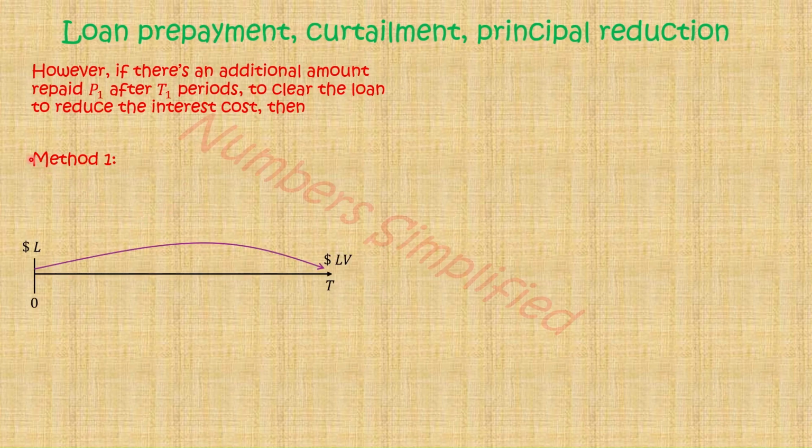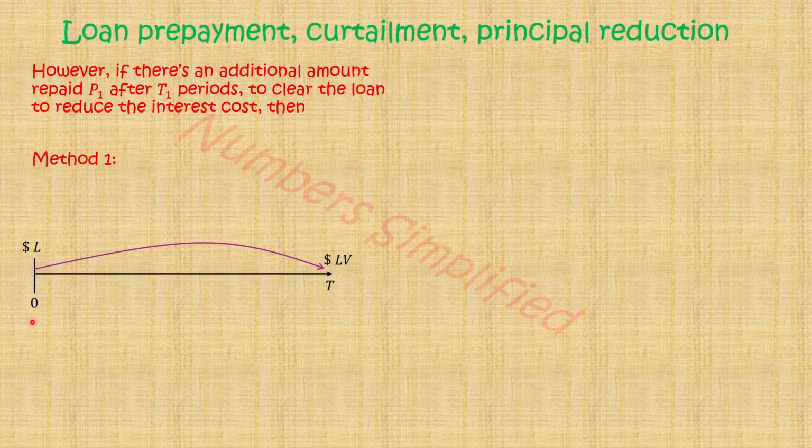So we are going to have two methods that are crucial in understanding this idea of paying an additional amount to start clearing the loan prior to the day it is due, because in so doing, we reduce the interest costs. At the end of the period the loan is due, we would incur less interest costs.